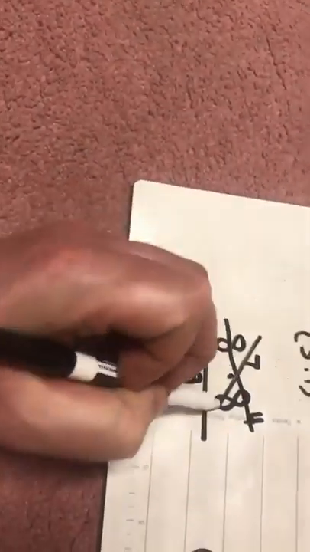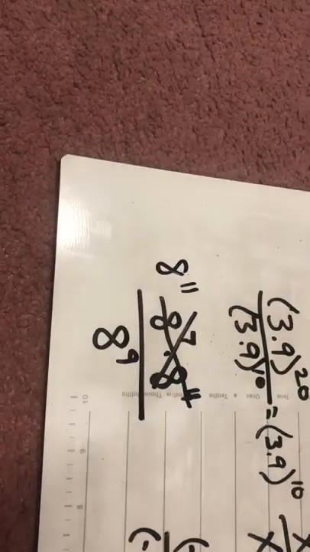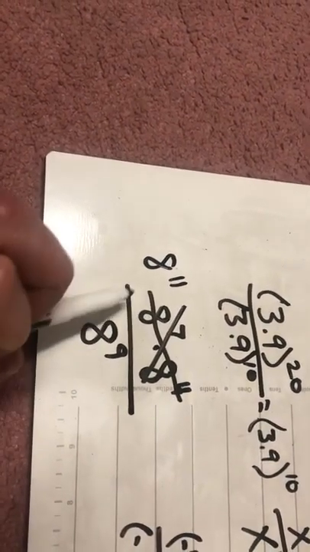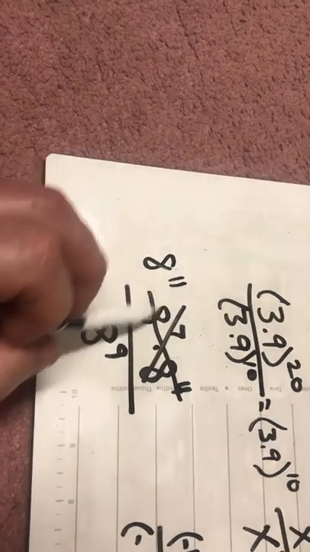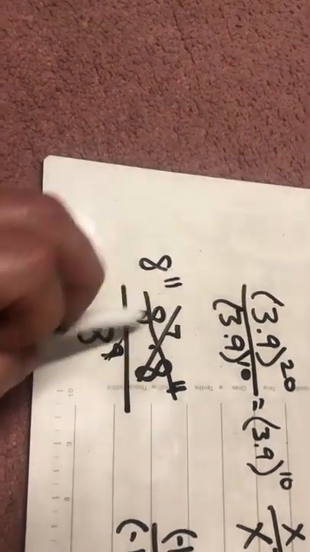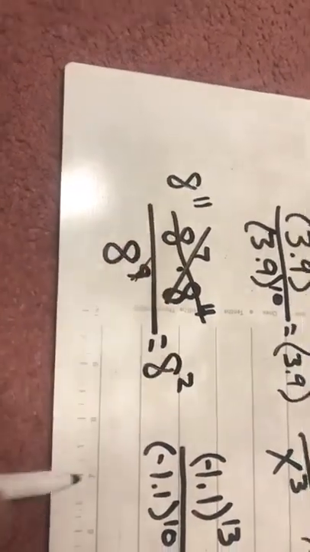So I'm going to imagine this as 8 to the power of 11. Now, 8 to the power of 11 divided by 8 to the power of 9, same base number. So now it's just a subtraction problem. 11 minus 9 is 2. So this is 8 to the power of 2.